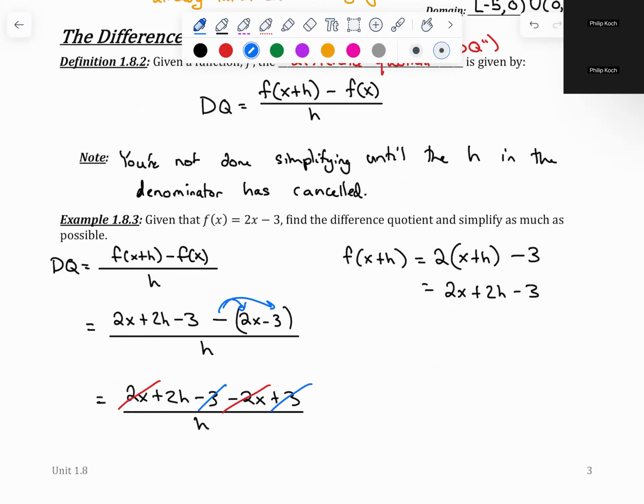It is. I promise you, with every single problem we see in this course that requires a difference quotient, there is some algebra that you can do that will allow you to cancel the h. I promise you that. And so when you do that, you've got 2h divided by h, and now the h's cancel, and we have our final answer, which is just 2.